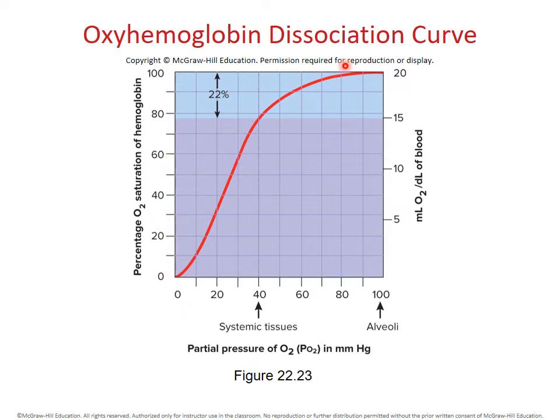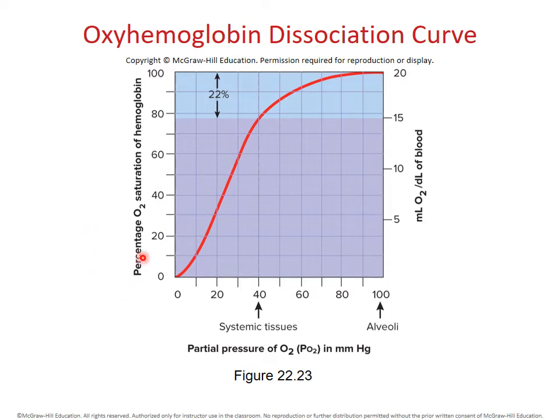First of all, it's a graph, and we need to understand what the axes of the graph are always to appreciate the graph. On the x-axis, we have the partial pressure of oxygen of the blood. On the y-axis, we have the percent saturation of the hemoglobin.